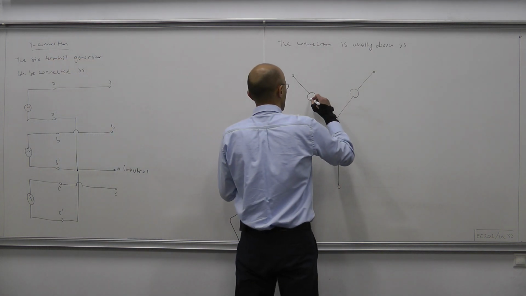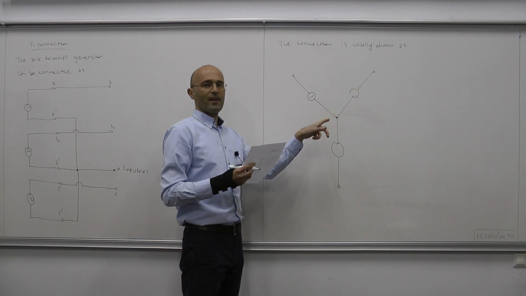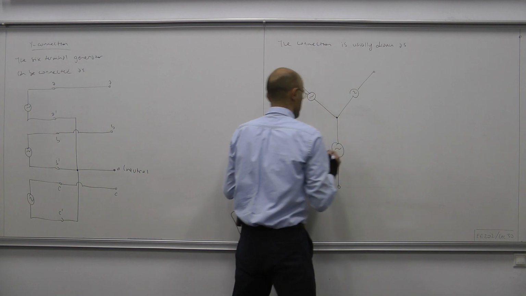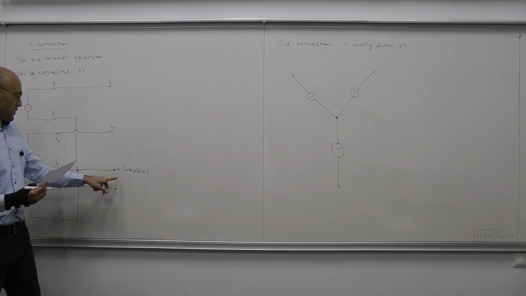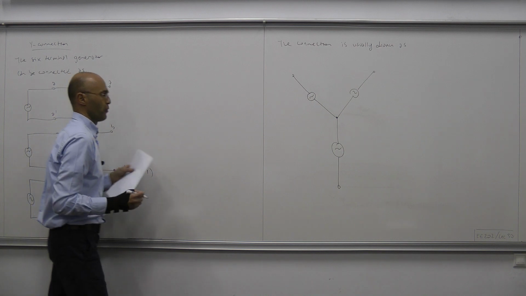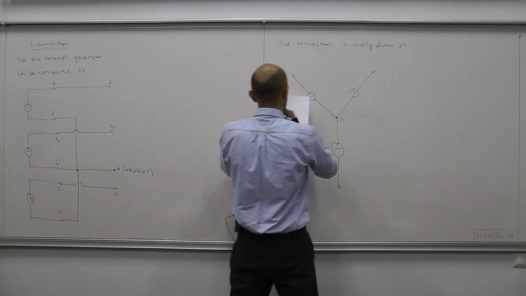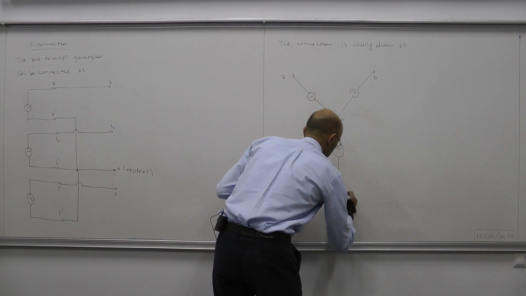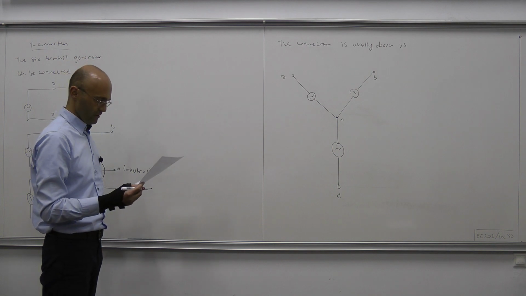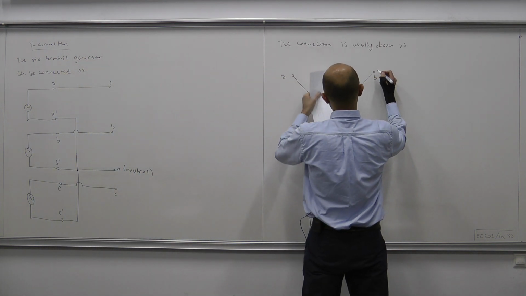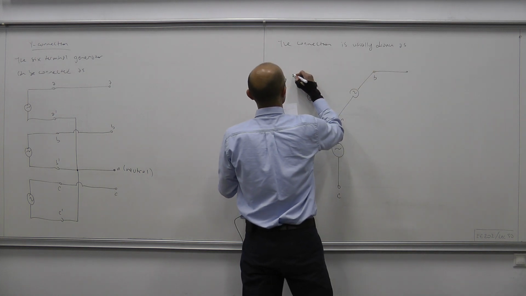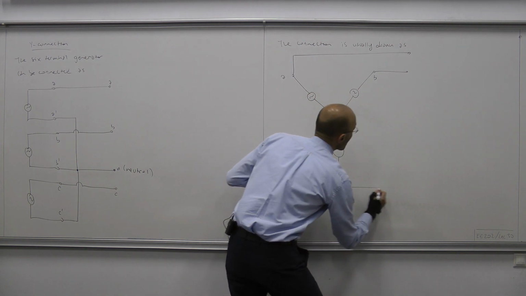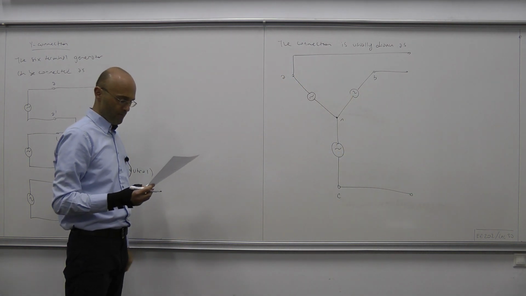So here, this node where one terminal of every source meets is our neutral node or neutral terminal. Okay, so this is Rn, and then this is, let's say, A, B, and here we have C. Okay, and then these are connected to the transmission lines. Okay, A, B, and C.